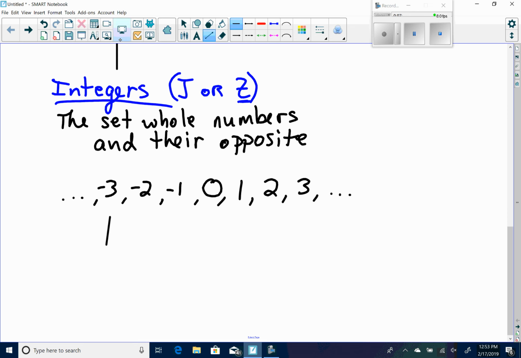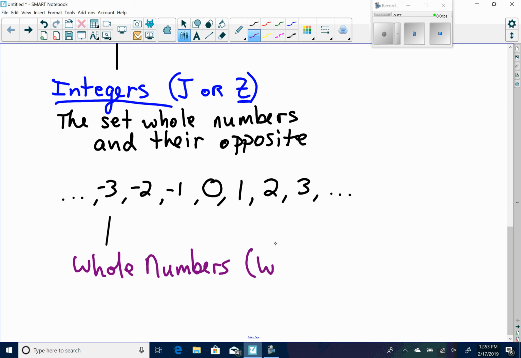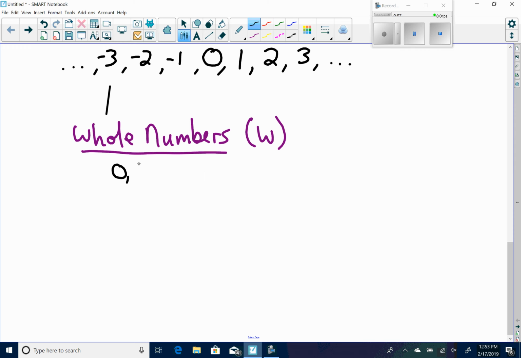All right, if we took away the negatives here, we have the set of whole numbers. We use a W for whole numbers. And these are just the numbers 0, 1, 2, 3, and so on.